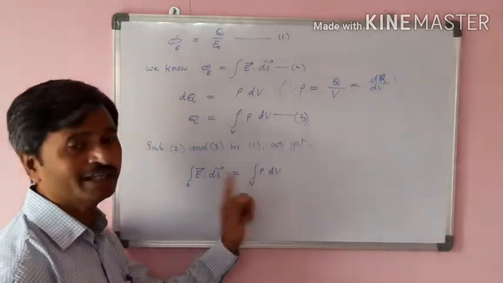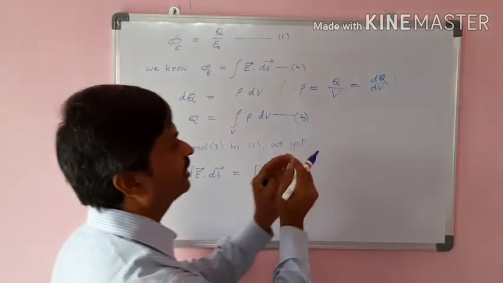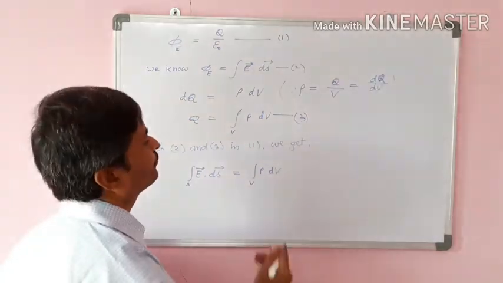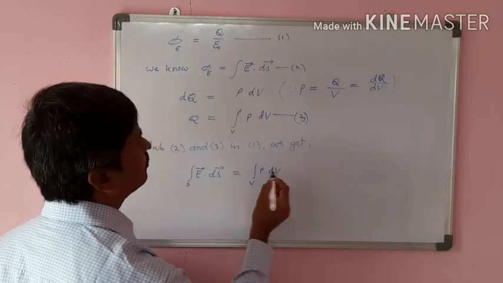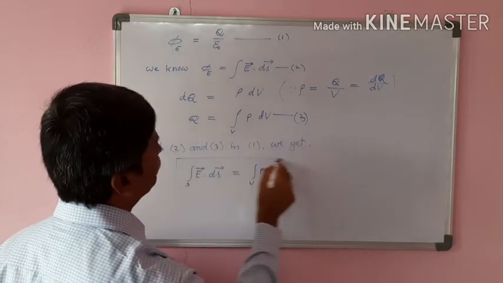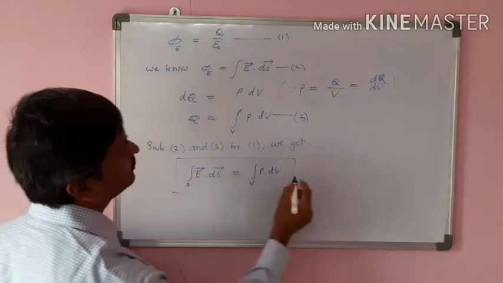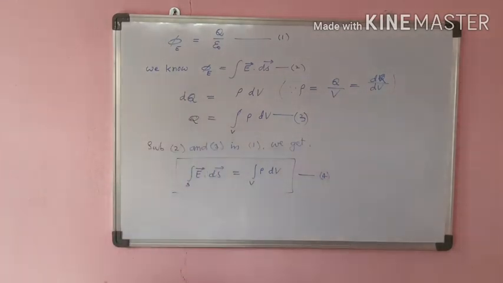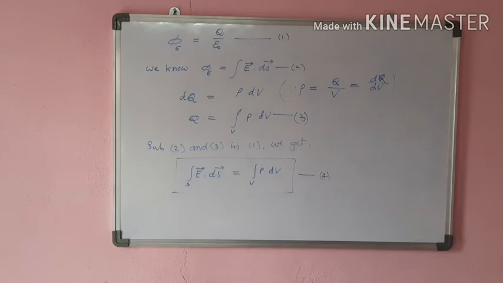Rho depends on the radius. So as you are moving away, the charge density may change. So this is known as the integral form of the Gauss law. This is the integral form of the Gauss law.